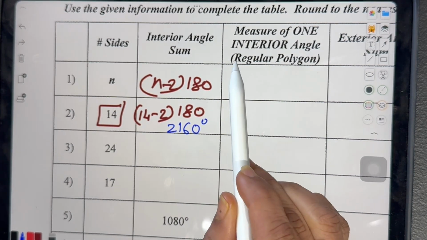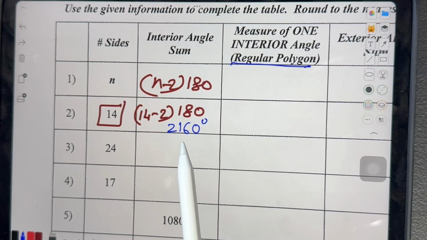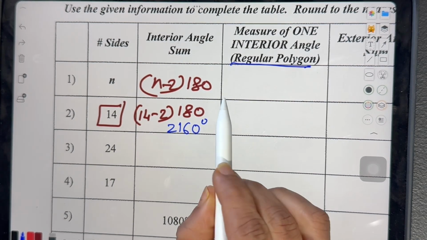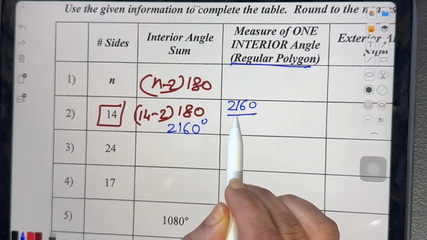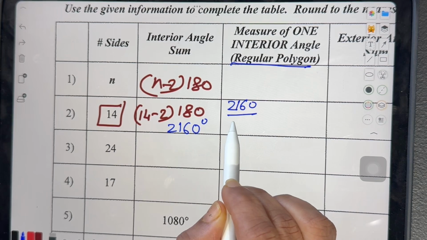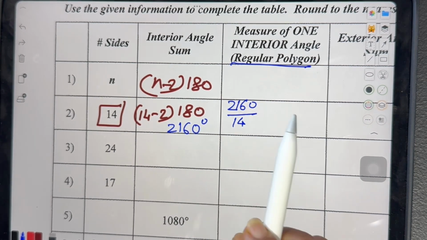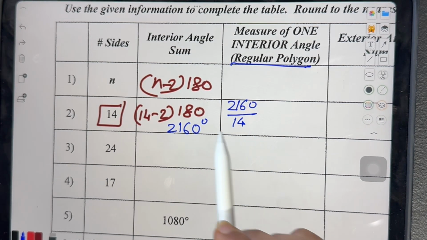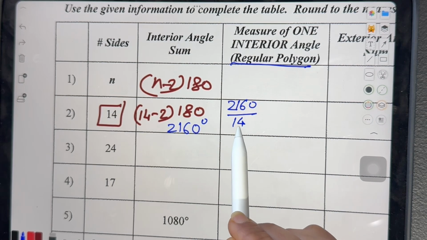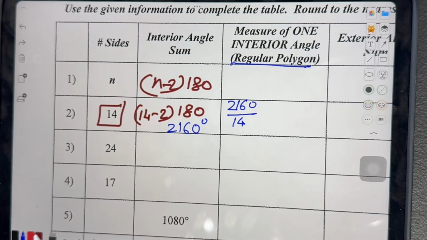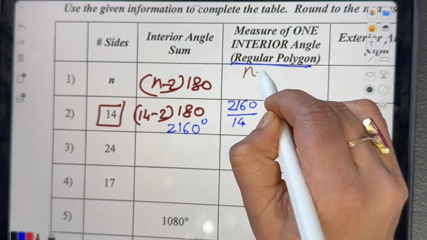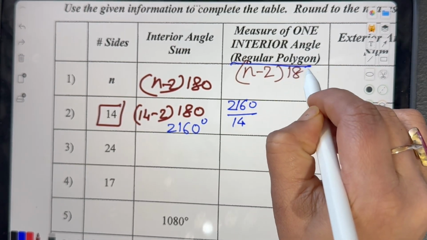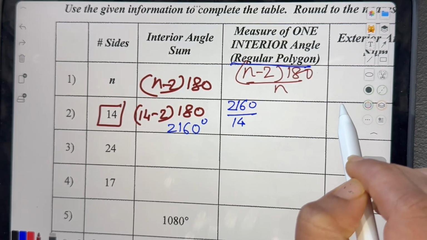Measure one interior angle. See, they have mentioned it is a regular polygon. So that means this whole thing, 2160, should be divided by the number of sides, which is 14, not 12. Some kids get mixed up and divide by 12. Divide by the number of sides. The formula is (n minus 2) multiplied by 180 divided by n, not n minus 2.